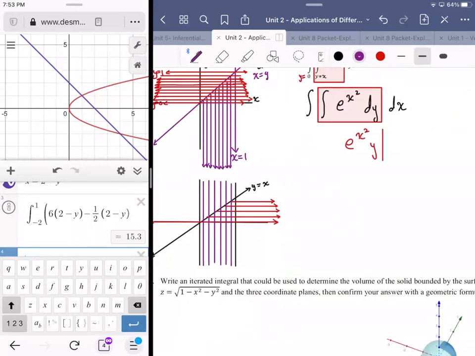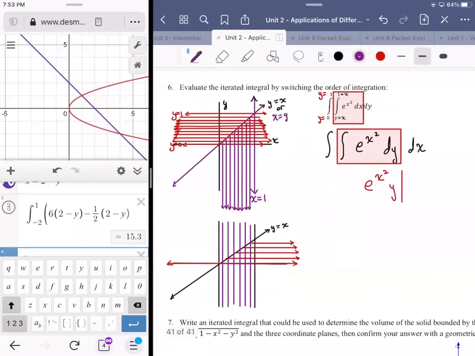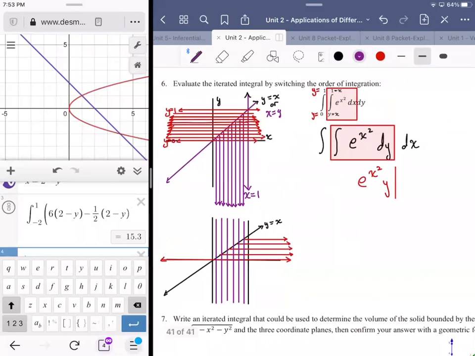So we're looking at the bounds for y going from y equals 0. You think about the lowest y that we had available to us. It was y equals 0, going up to y equals x. You put the little y's in there.